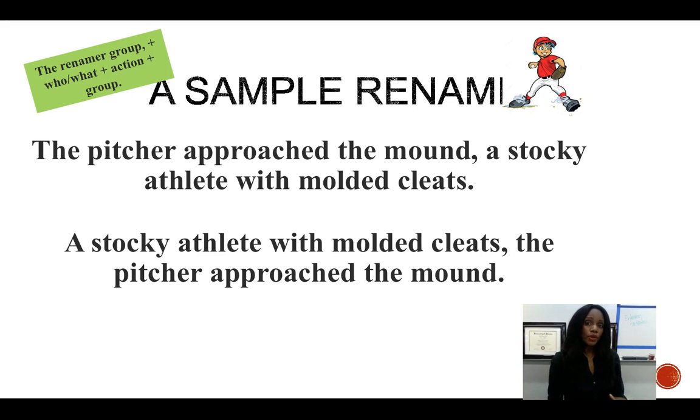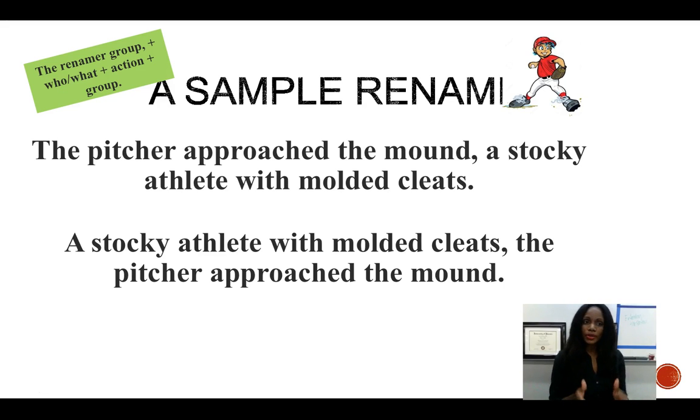You probably recall this renamer from when we said, "The pitcher, a stocky athlete with molded cleats, approached the mound." There are a couple of ways you can do it, but in this video we're putting the renamer at the end of the sentence. A lot of times when you have several extensions on the subject, we might put it at the end instead. So: "The pitcher approached the mound, a stocky athlete with molded cleats."